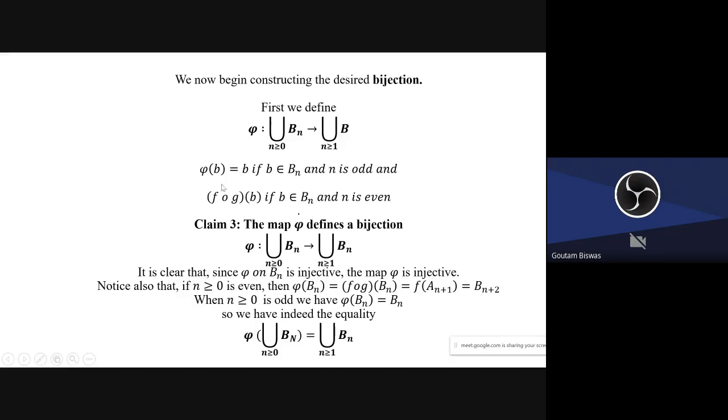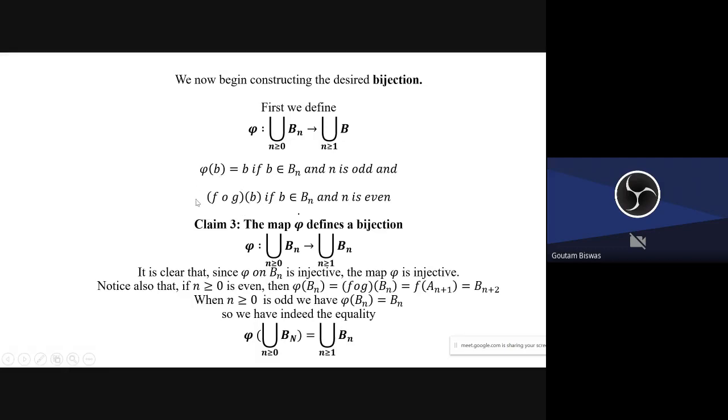Defined like this: phi of B, that means phi belongs to this union starting from 0, if B belongs to capital Bn when n is odd. That means n is equal to 1, 3, 5, and so on. And phi plays the role of f of g.